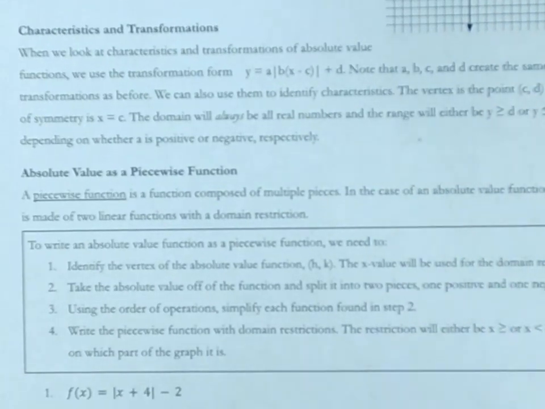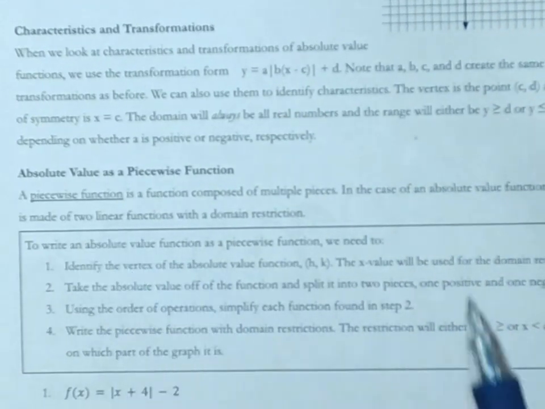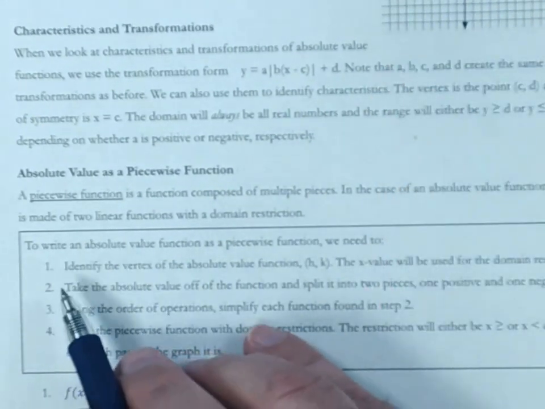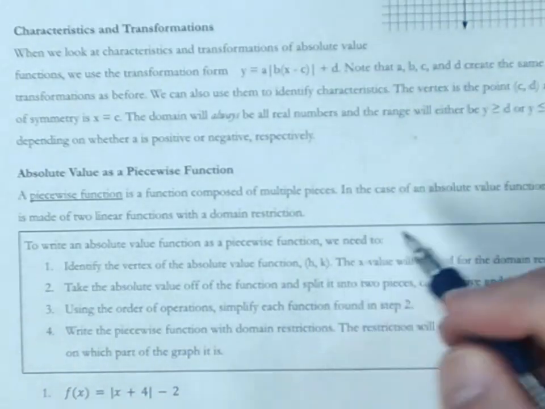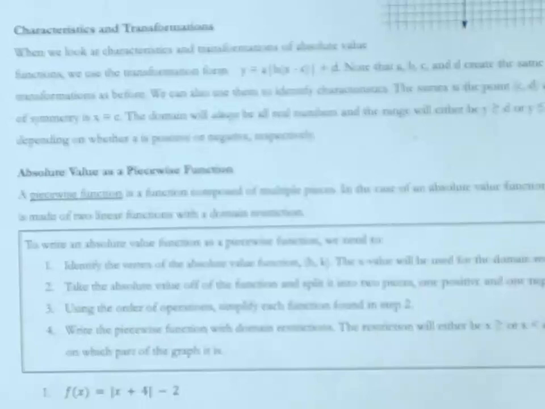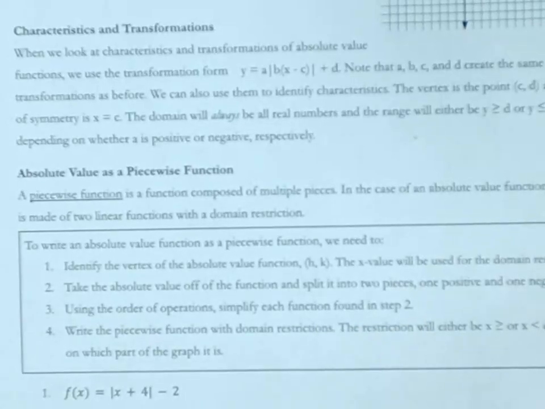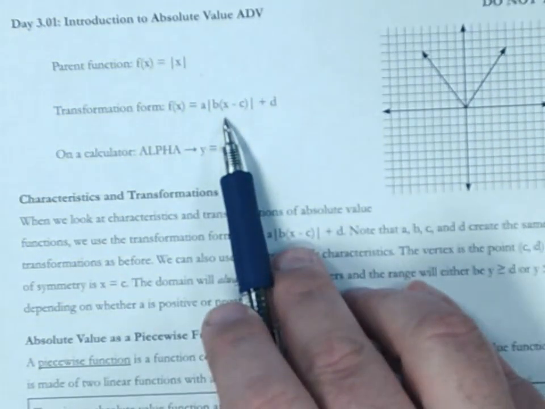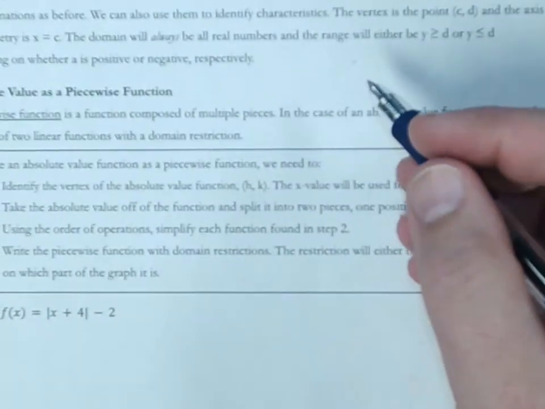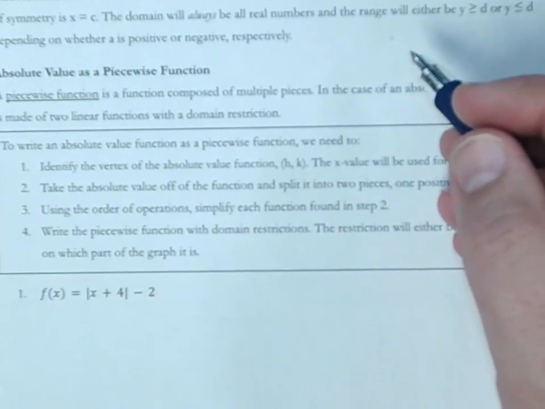To do that, we're going to do a couple things. First of all, we need to identify the vertex. And here on number 1, it says identify the vertex as h, k. That is actually a reference to a form of the equation called the vertex form. It looks identical to our transformation notation. So we're going to use C and D instead because that's what we've been using for transformations.